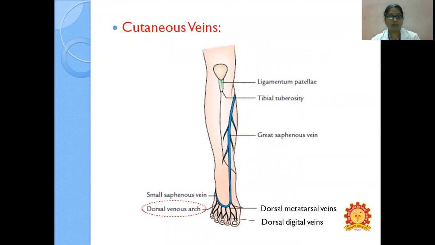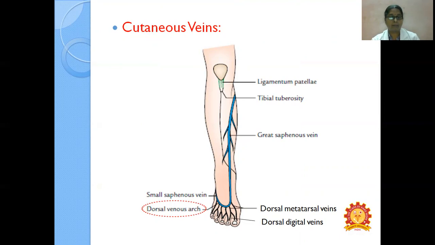The next content in the superficial fascia is the cutaneous veins. The important cutaneous vein is the great saphenous vein. This great saphenous vein is a continuation of the medial end of the dorsal venous arch, which is present on the dorsum of the foot. From this dorsal venous arch, dorsal metatarsal veins arise, which divide into two branches, that is dorsal digital veins.